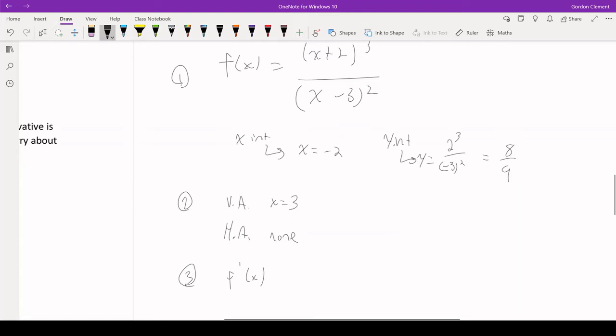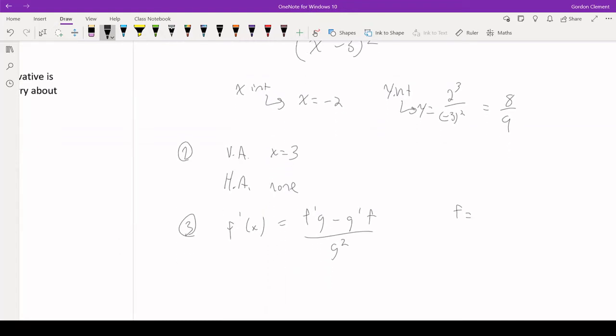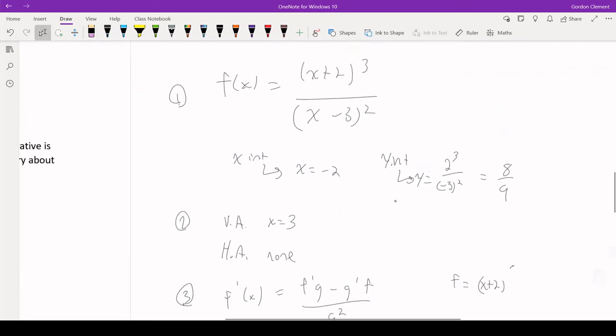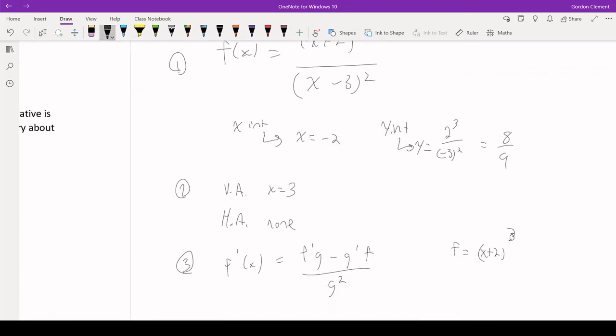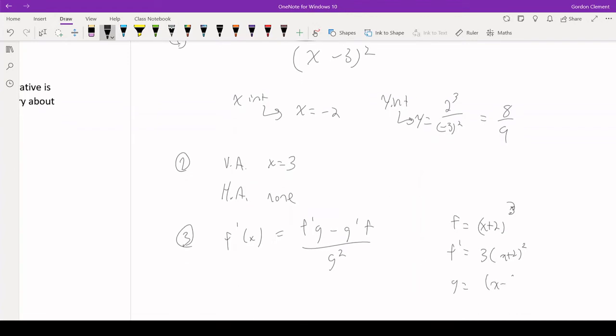And so we're going to need to do this. x plus 2 cubed. So f prime is going to be 3 times (x plus 2) squared times the derivative of the inside, which is 1. g is (x minus 3) squared.